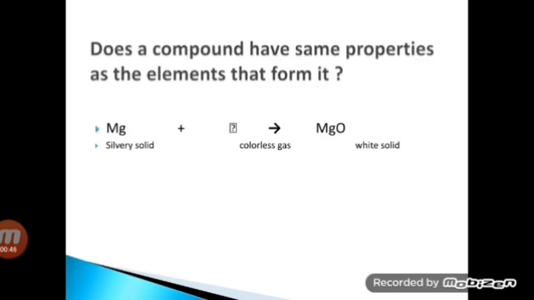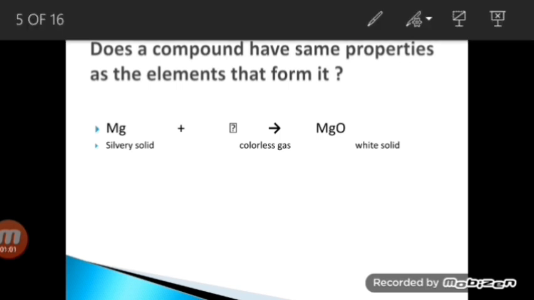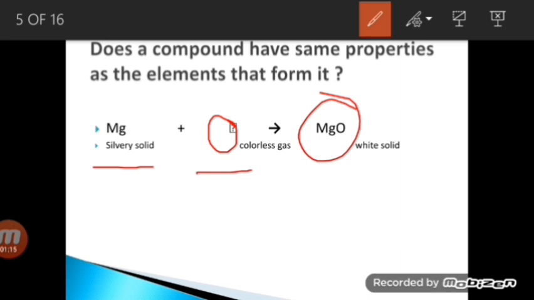Now there is a very important question. Does a compound have the same properties as the elements that form it? Always remember that the compound will never have the same properties as its constituent elements. What is the reason behind it? Let's see this example. When magnesium burns in the presence of oxygen, what happens? Magnesium oxide will be produced. So there are two reactants, magnesium, which is a silver solid, whereas oxygen is a colorless gas.